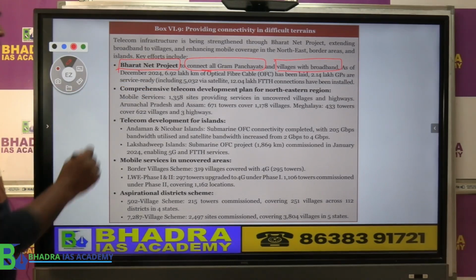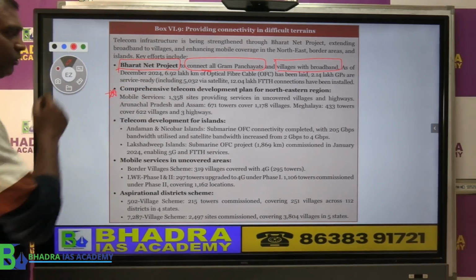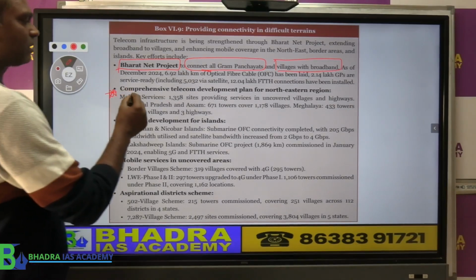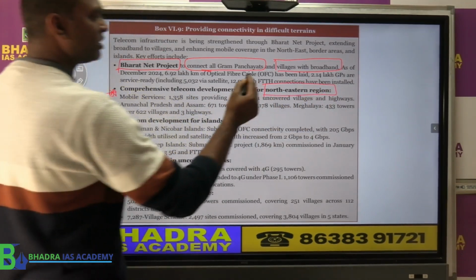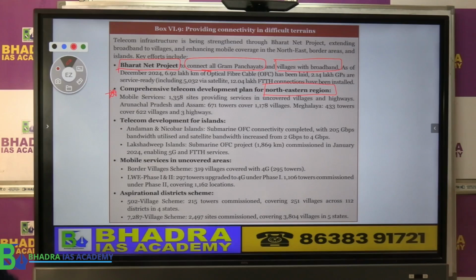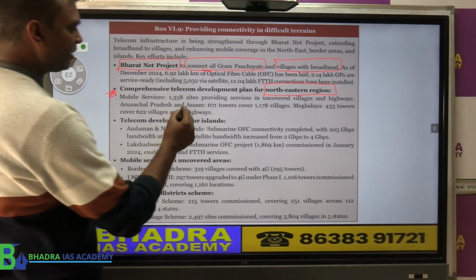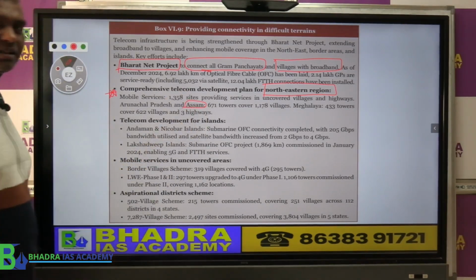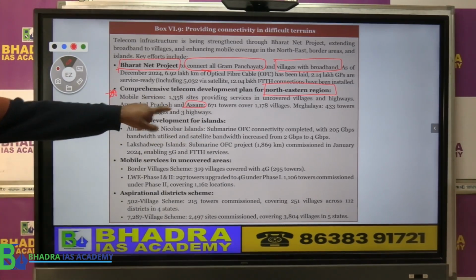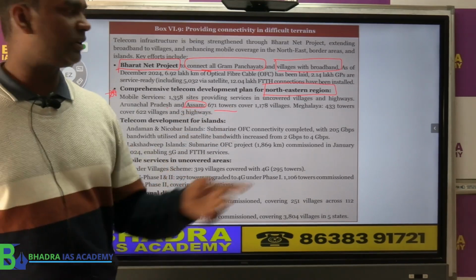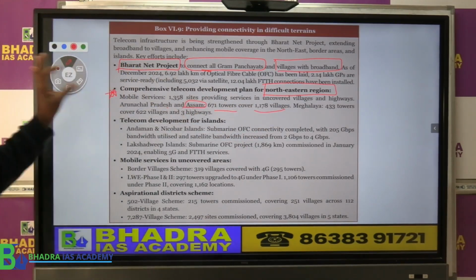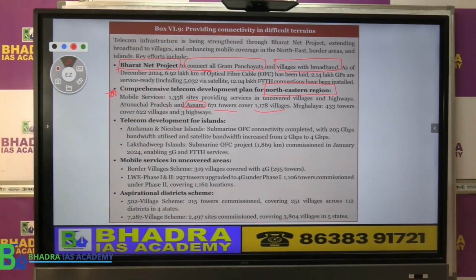The second one is also important from our point of view. This is the comprehensive telecom development plan for the northeastern region. That means our area, and Assam is also mentioned here. They are setting up towers to connect various villages, but remember the scheme.